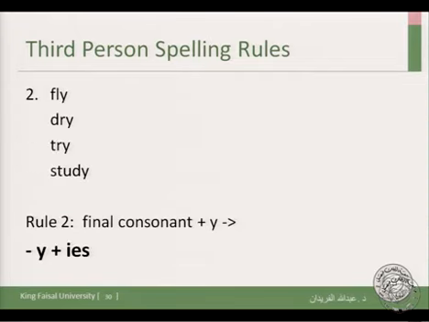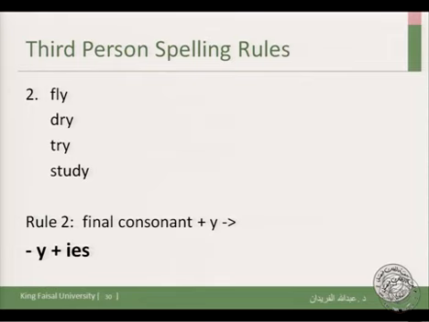Rule number two, if we have the verb ending with y and before the y a consonant, the silent letter. In English we have consonants and vowels. The vowels are a, e, o, u and y.